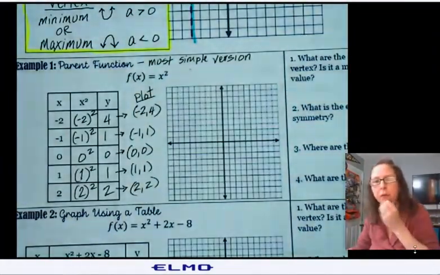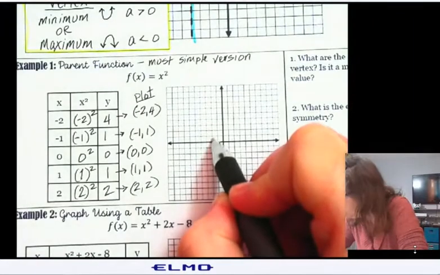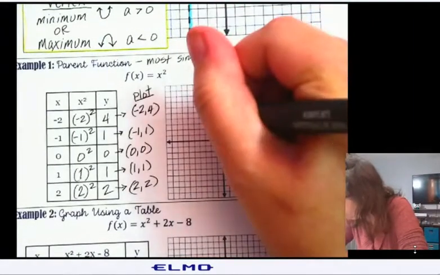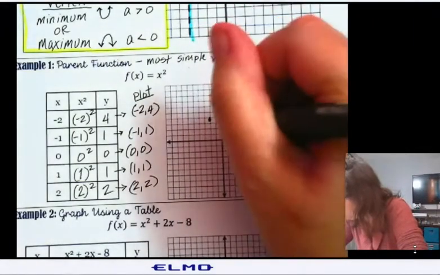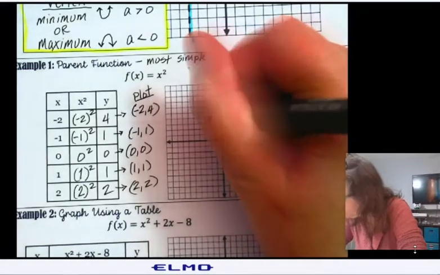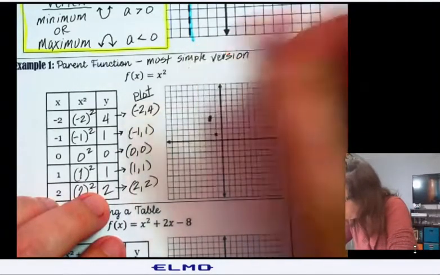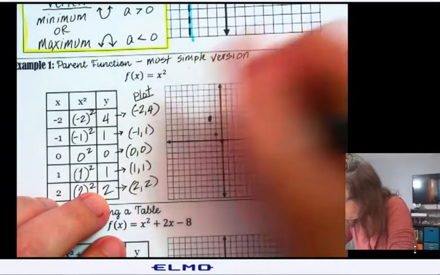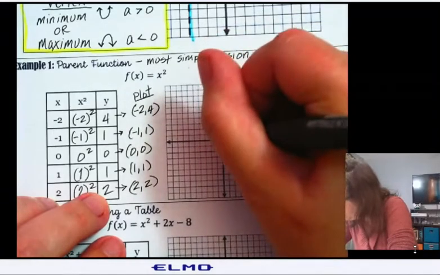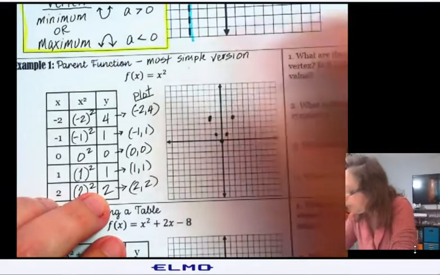Let's go ahead and do that. Negative 2, up 1, 2, 3, 4. I think I did that correctly. Negative 1, up 1. 0, 0. Positive 1, up 1. Positive 2, up 4.